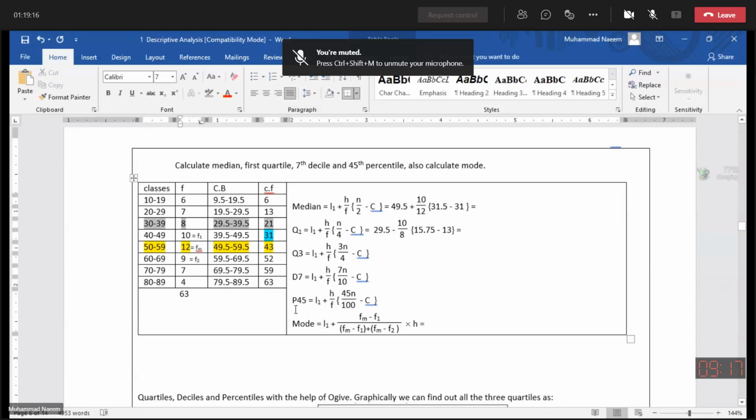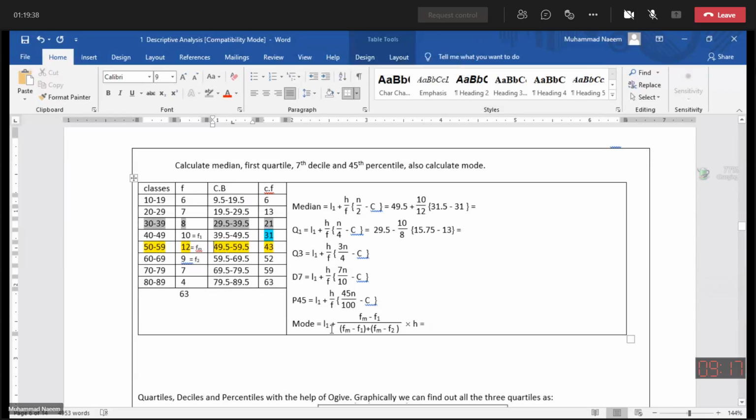L1, what is L1? L1 is the lower class limit of the interval corresponding to Fm, against the highest frequency. Trace out this class interval.